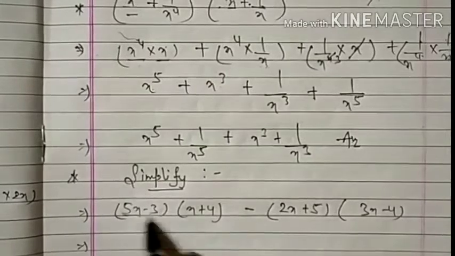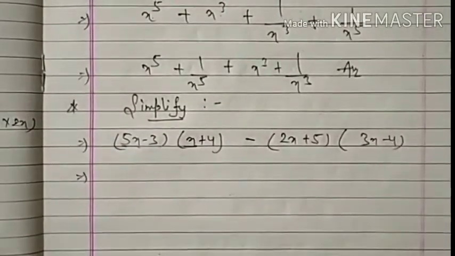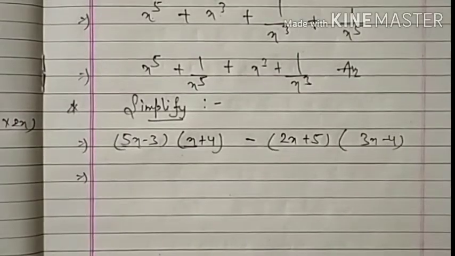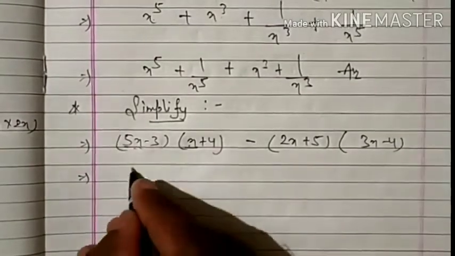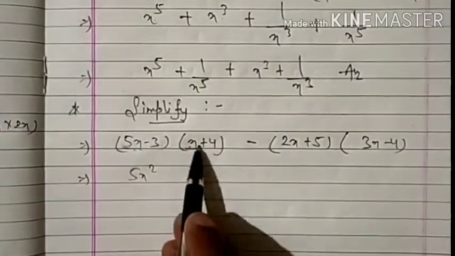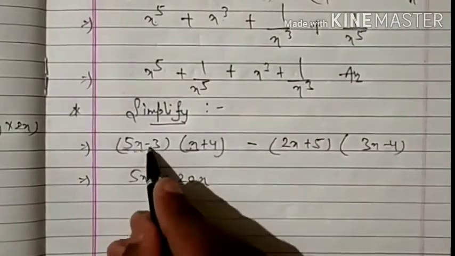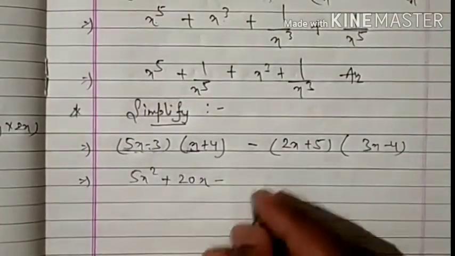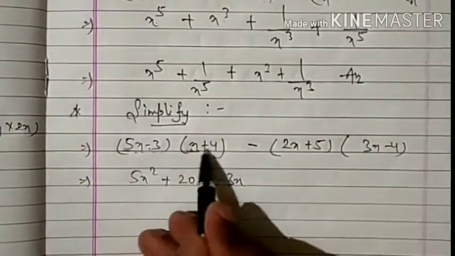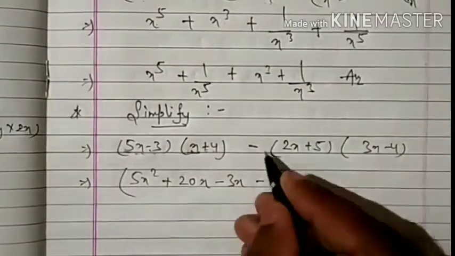So 5x multiplied to x. Now I am not writing the multiplication, I am solving it directly. You have to pay good attention. 5x into x, 5x square, plus 5 fours are 20x, minus, plus minus 3 into x, 3x, minus, plus minus 4 threes are 12, bracket closed with minus sign.